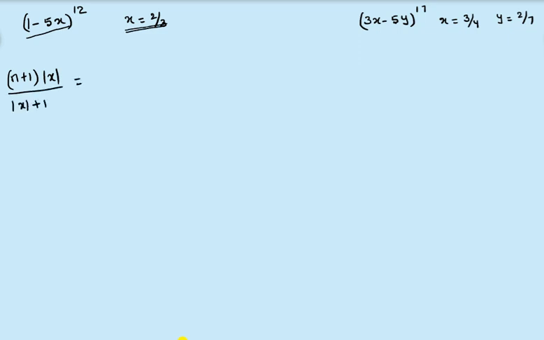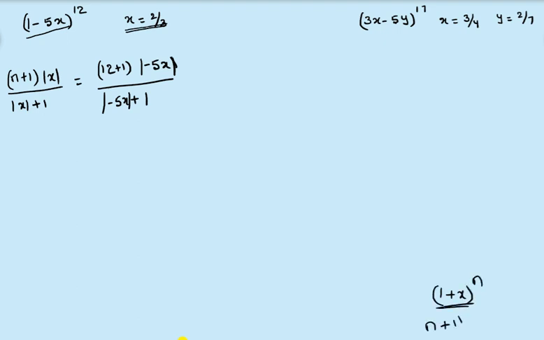Now that is nothing but (12 + 1) into |−5x| divided by |−5x| + 1, because in the expansion of (1 + x)^n we discussed the idea (n + 1)|x| divided by (|x| + 1). Now here in place of x we have −5x, that's why.